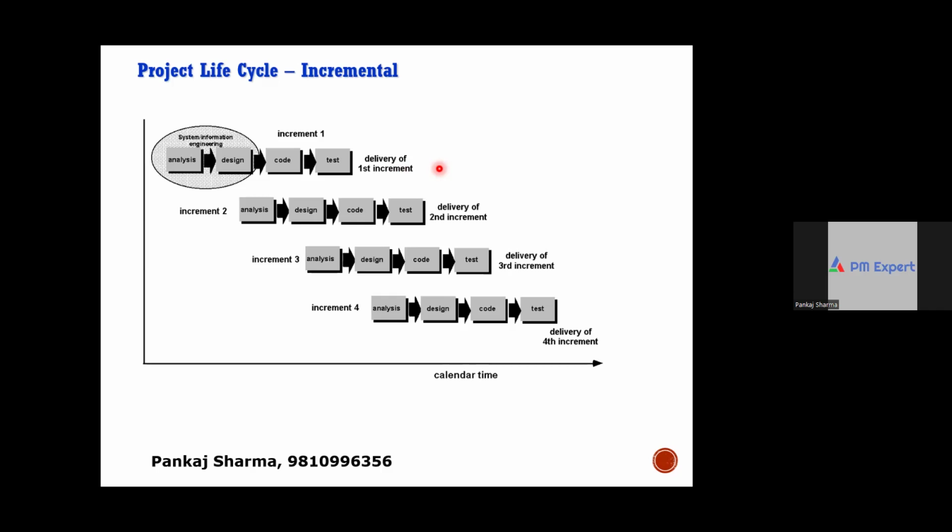In the first phase, you can deliver, let's say, low-rise apartments. In the second phase, you can plan high-rise apartments. In the third phase, the villas, and in the fourth phase, the club and other areas.